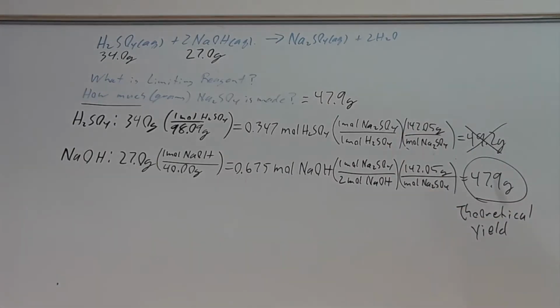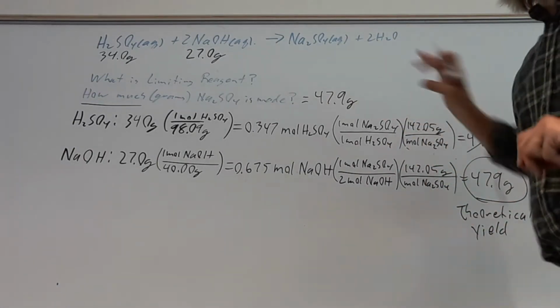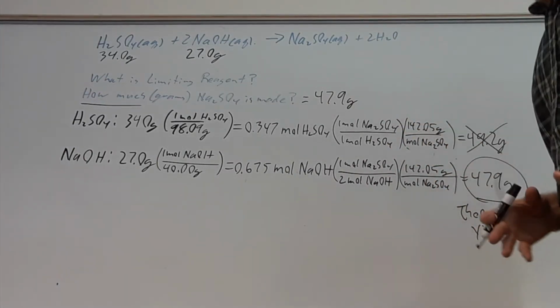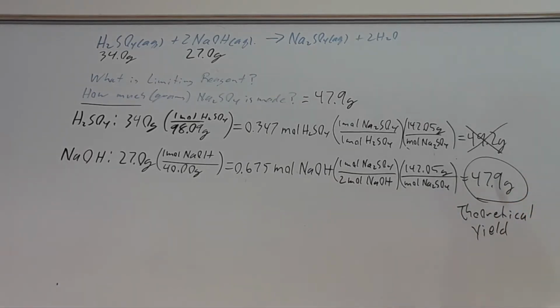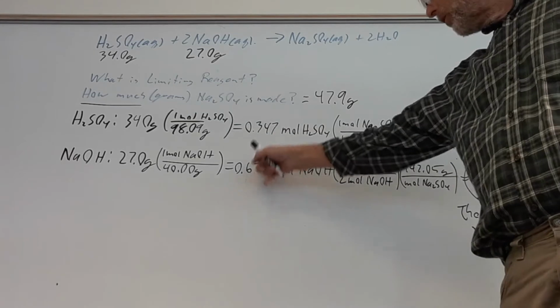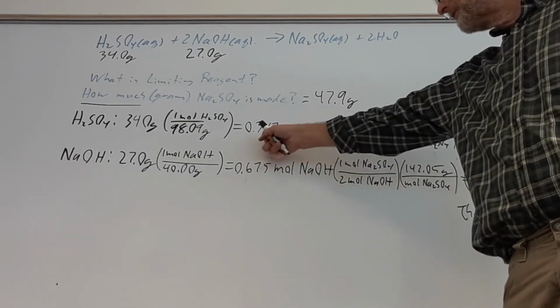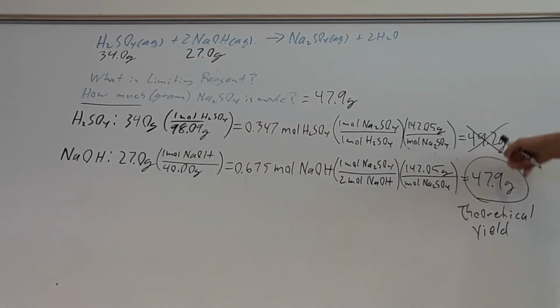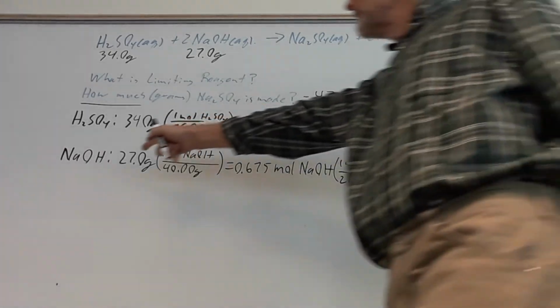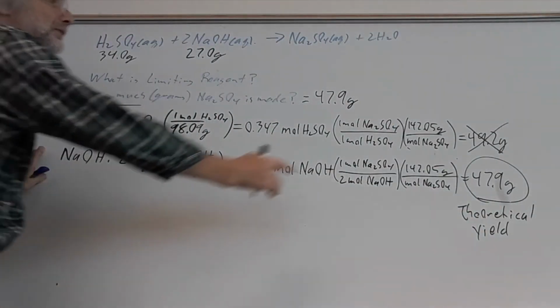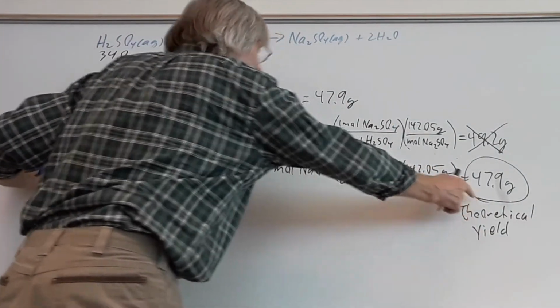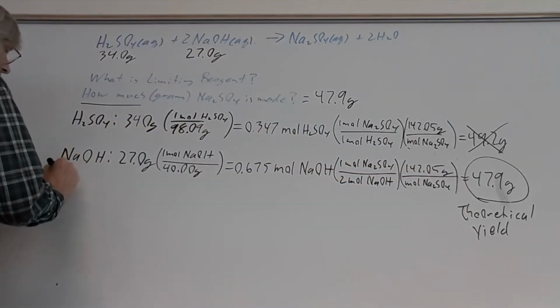We'll talk in a different video about why we might not get this much. So this is a theoretical yield. And so we can see that even though we had more moles of sodium hydroxide and less moles of sulfuric acid, the sodium hydroxide becomes the limiting reactant. So the reaction that produces the smallest amount of product is our limiting reactant, so that's our sodium hydroxide.